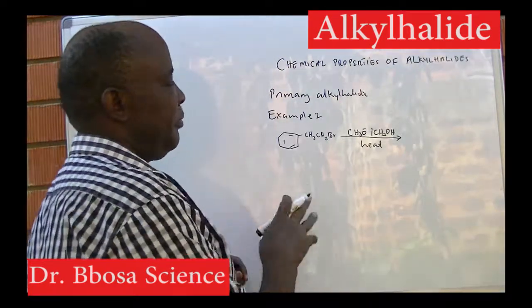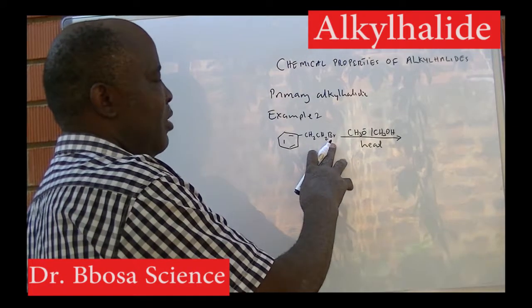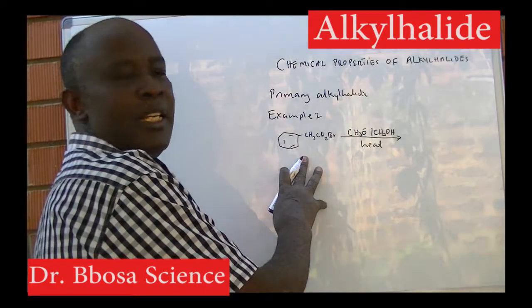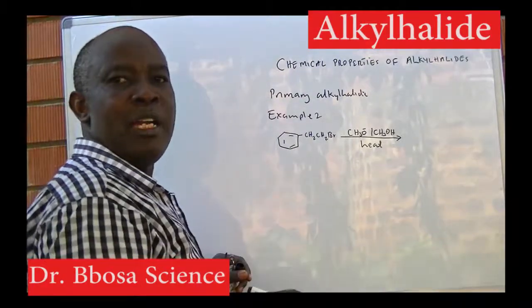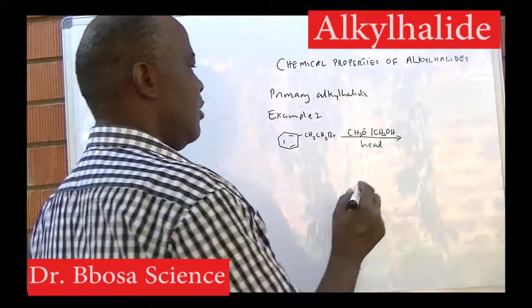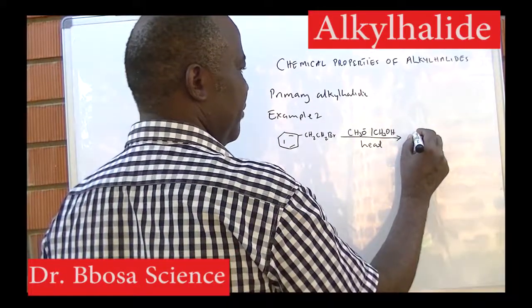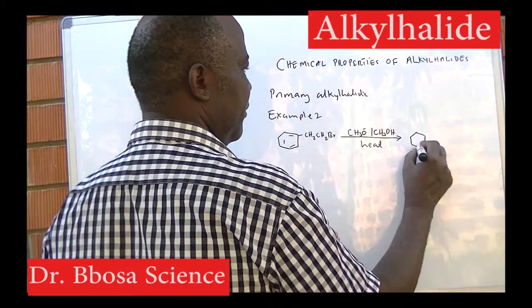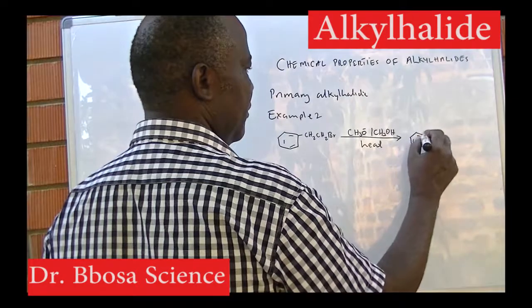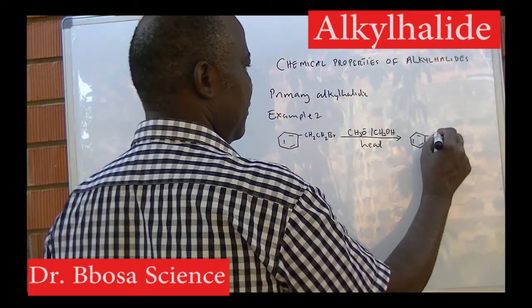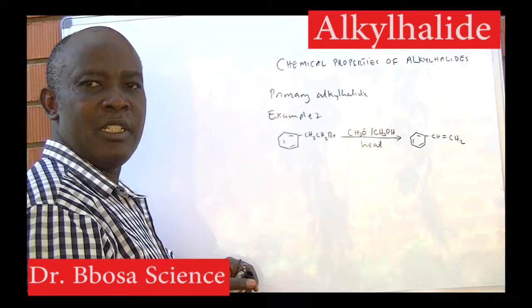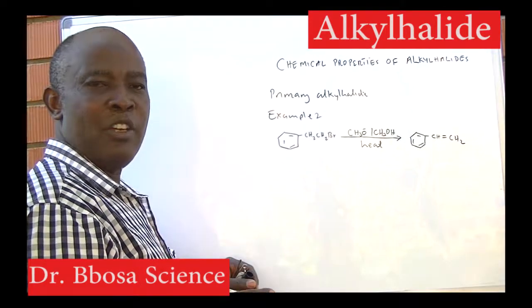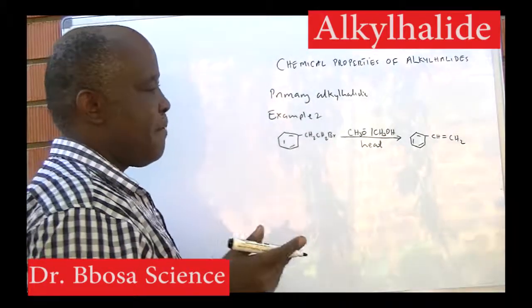Example 2. 1-bromo-2-phenylethane will react with methanol and methoxide ion to form an alkene. You can pause, write a mechanism, and then compare your answer with mine.